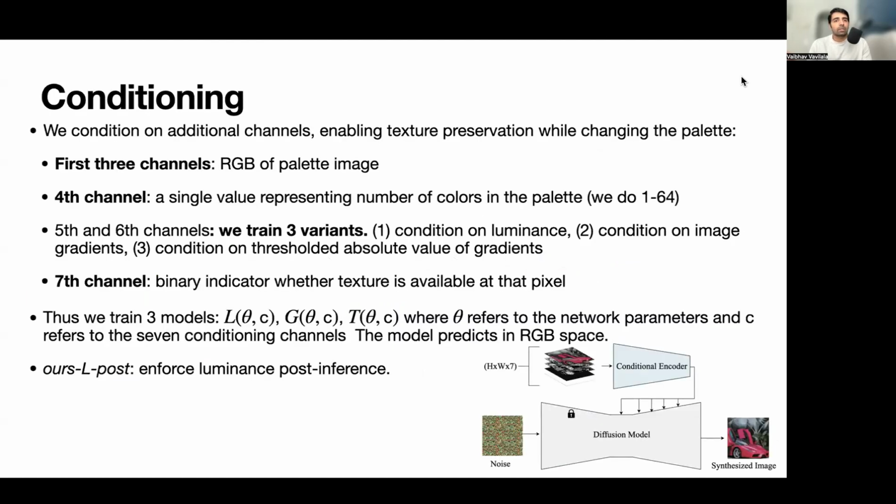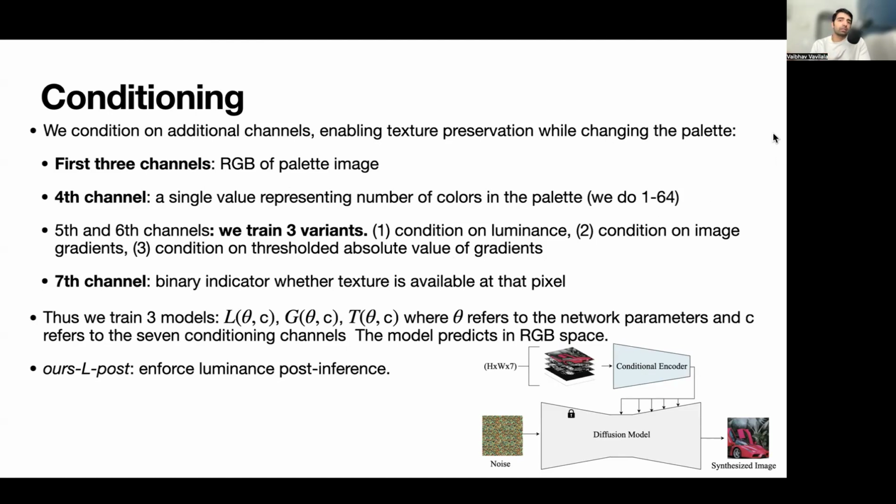Let's look at our conditioning in detail. So the goal of the conditioning is to take into account the quantized image and then optional information about the quantization level and the texture information. So the first 3 channels are the RGB of the palette image. The fourth channel will be a single value representing the number of colors in the palette. Then we have 5th and 6th channels. So we actually trained 3 variants.